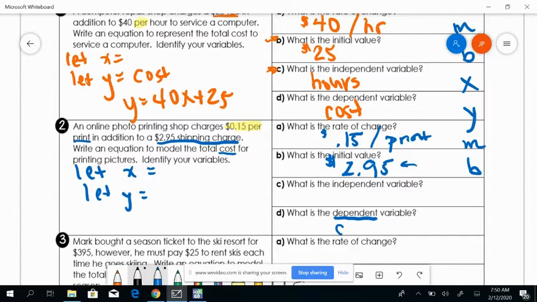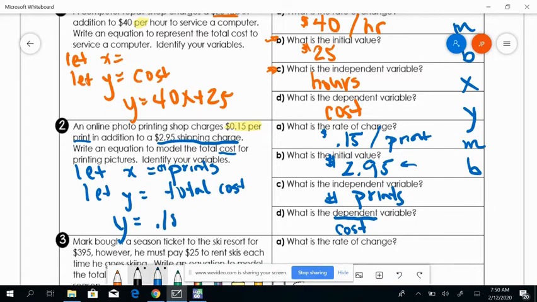So that right there gives me that my cost is dependent. It's going to change based on the number of prints, which is my independent variable. So x is my number of prints, y is my total cost, and then I can plug my stuff into my final equation. y equals 0.15x plus 2.95.